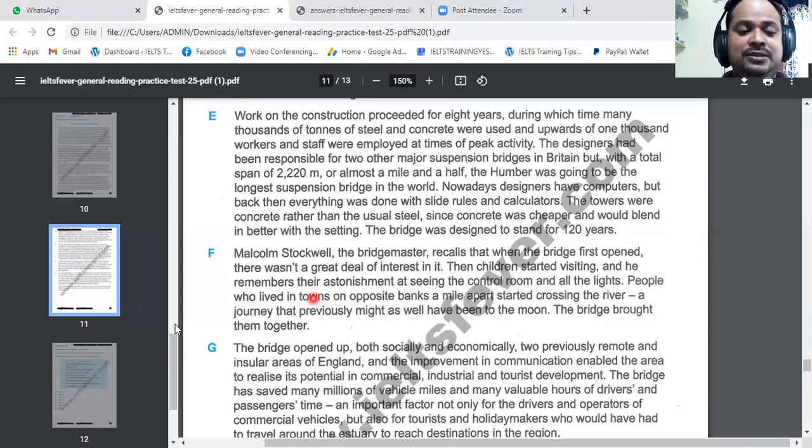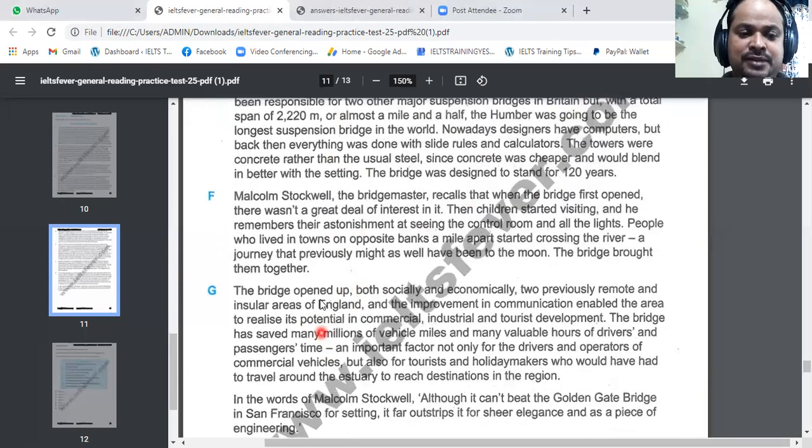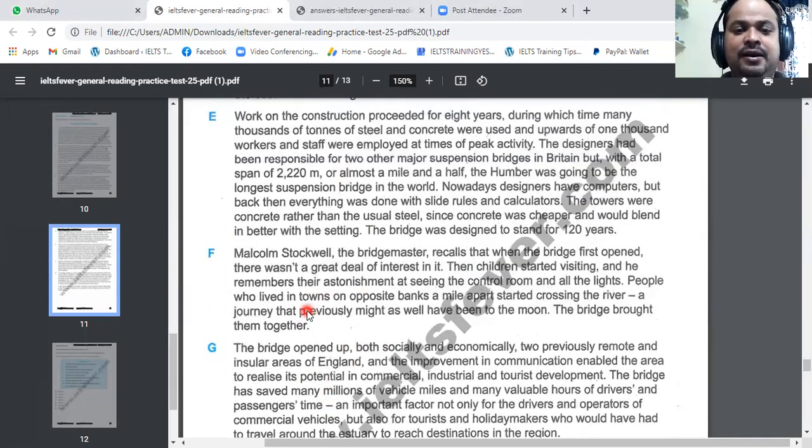So one more question, let me see. I have selected F here, so I can go with E here. Okay, let's read E. Work on the construction proceeded for 8 years, during which time many thousands of tons of steel and concrete were used, and upwards of 1,000 workers and staff were employed at times of peak activity.